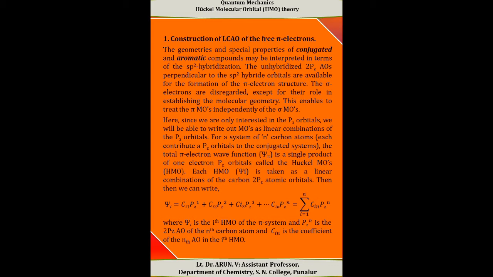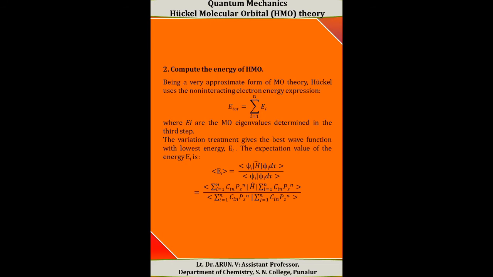Here psi i is the ith Huckel molecular orbital of the pi system, and pzn is the 2pz atomic orbital of the nth carbon atom, and Cin is the coefficient of the nth atomic orbital in the ith Huckel molecular orbital. The next step is to compute the energy of the Huckel molecular orbital.